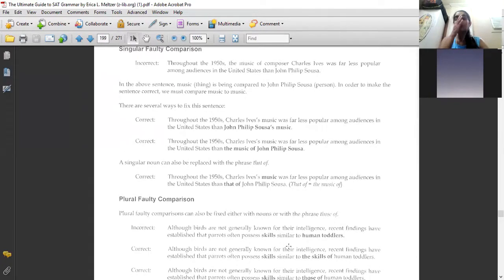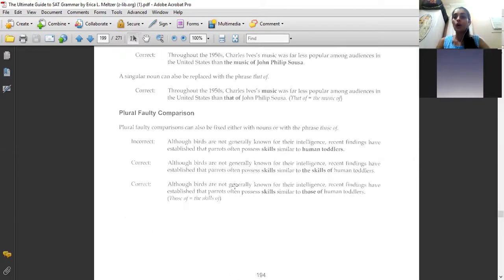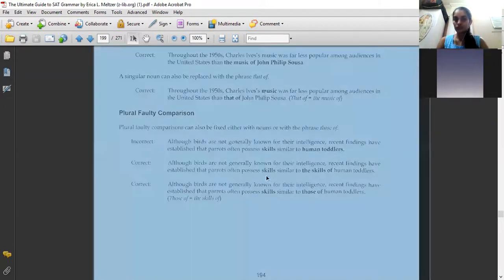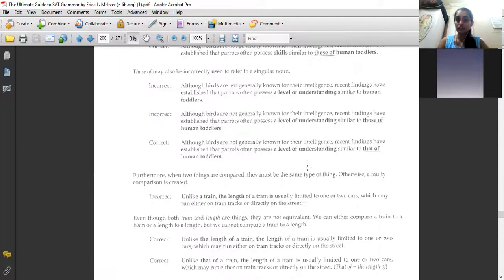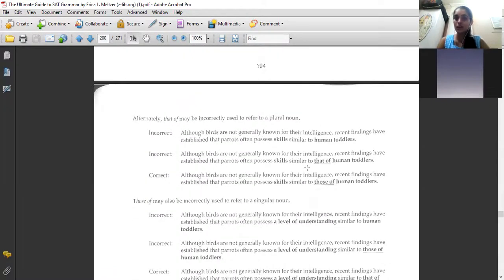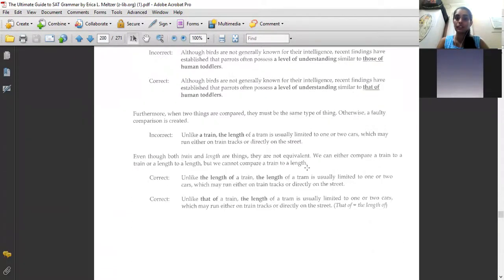Or better, if you're making a singular comparison, you will use the word "that of." And for plural comparison, you'll use "those of." That of and those of, that's all you require. This is one of the most asked questions in the last 3-4 SATs. It has come a lot of times of late, so I'm expecting it might just come through. Singular, that of; plural, those of.